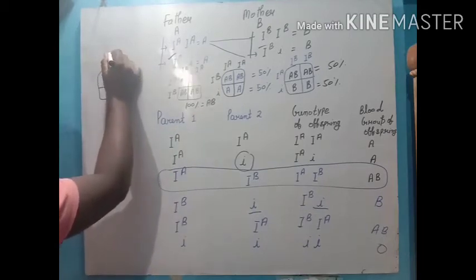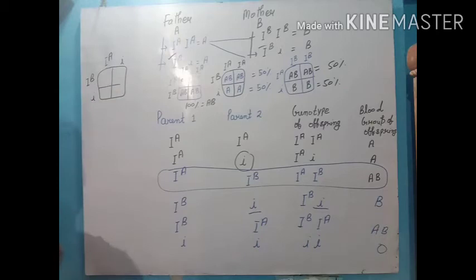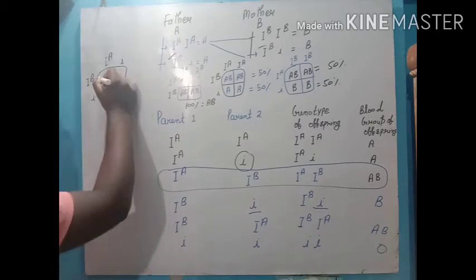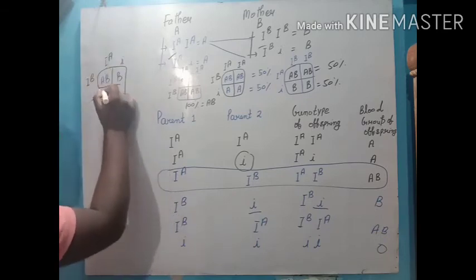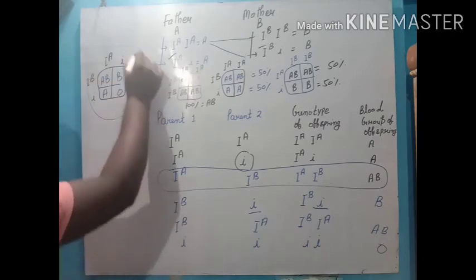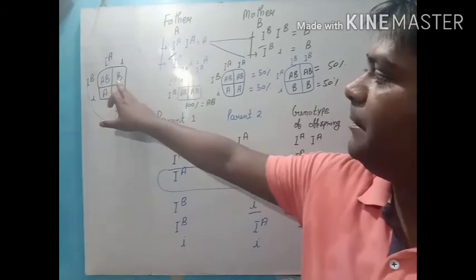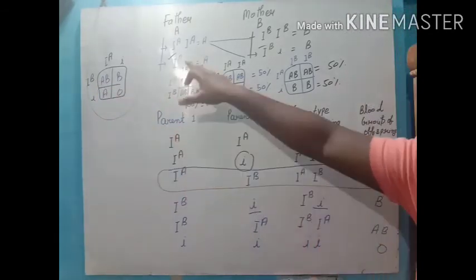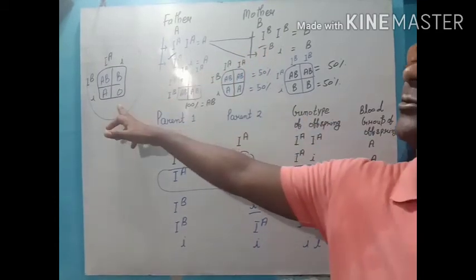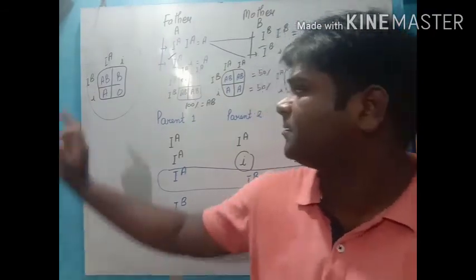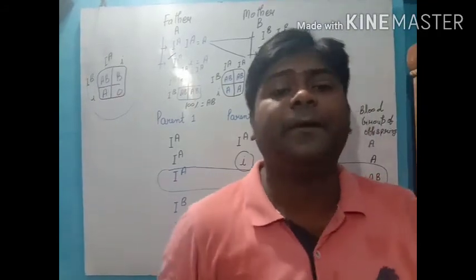Then we have IB and I. When we have this genotype, we see AB, B, and then A and O. It means four kinds of blood groups are there: A, B, B, A and O. With this genotype, we will have the formation of 4 kinds. So what is the probability? 25% AB, 25% B, 25% A and 25% O.